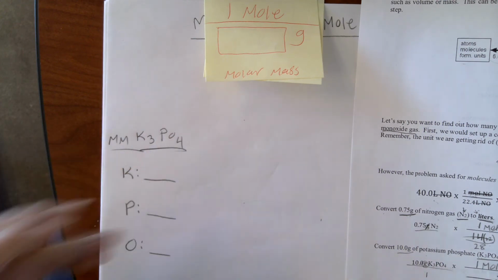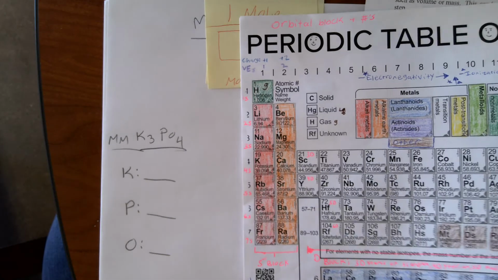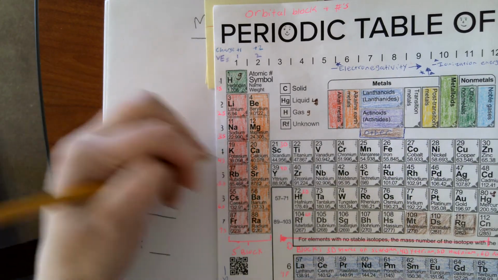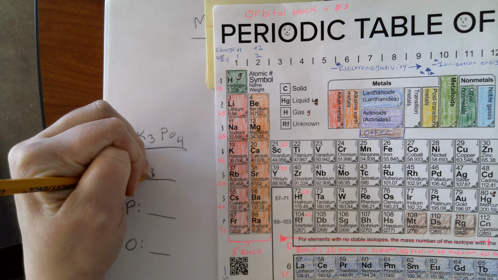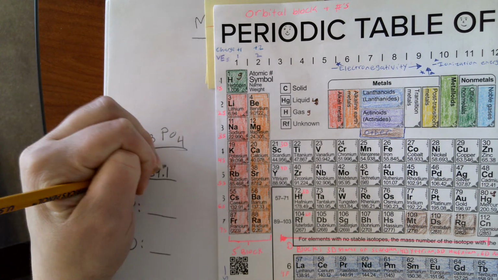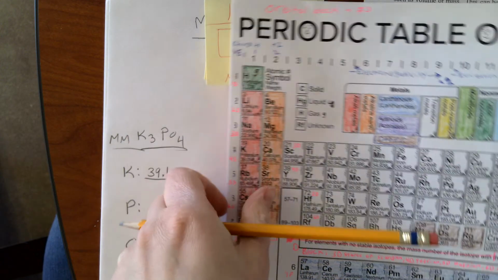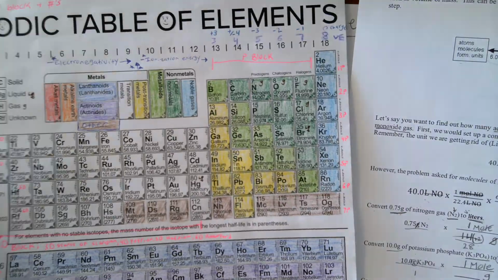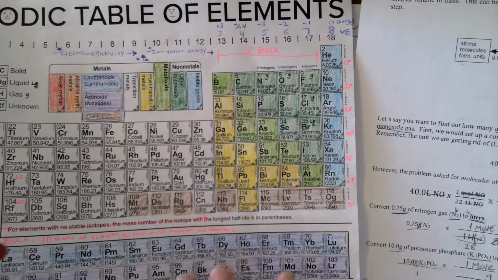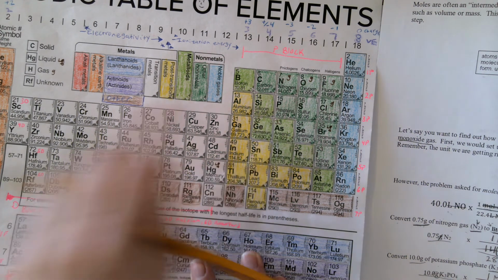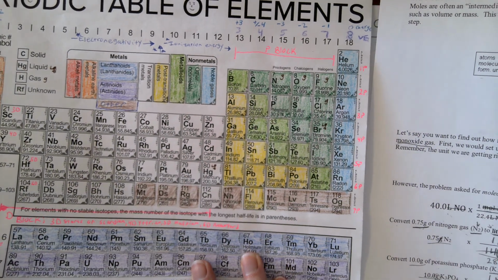Find the weights of each of those, looking at your periodic table. K is over here. I'm going to round that to 39.1 grams. Then we got oxygen, which of course is 16. And phosphorus, which I'm going to round to 31.